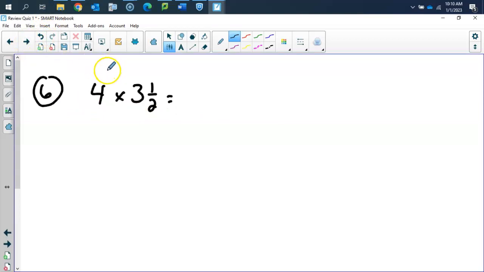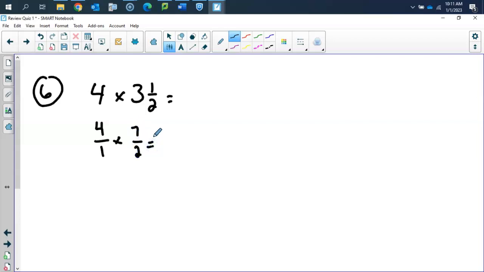Okay, number 6, 4 times 3 1/2. Go. Well, in order to multiply, you need to change your mixed numbers to improper fractions. So I'm going to make this 4/1 times 3 times 2 is 6, plus 1 is 7 halves.